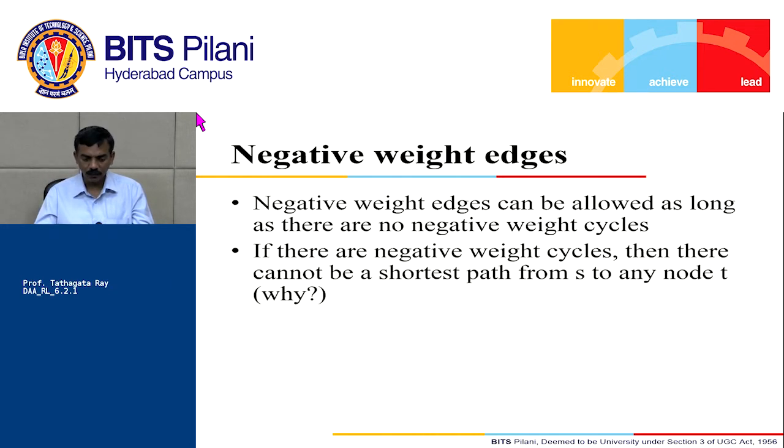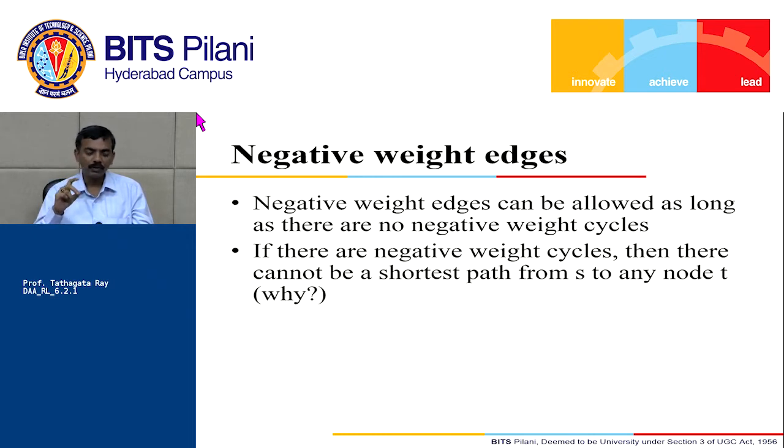Let's understand what that means. If there are negative weighted cycles, you will notice that there is no shortest path. No matter how you compute a shorter path, you can still compute a better one, from a source S to a node T, provided it comes through that cycle.